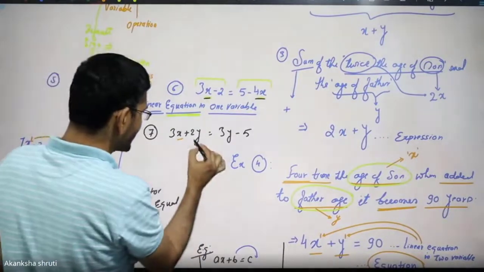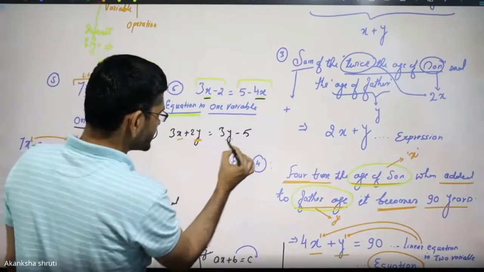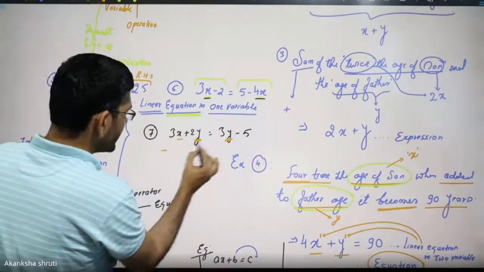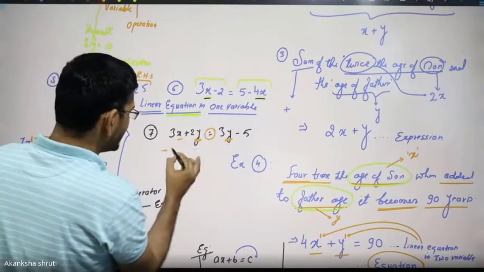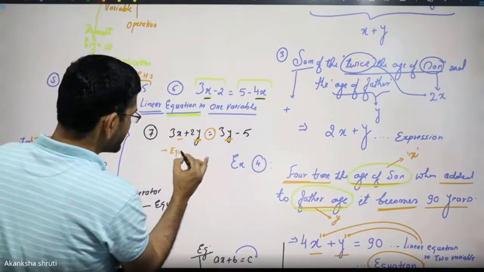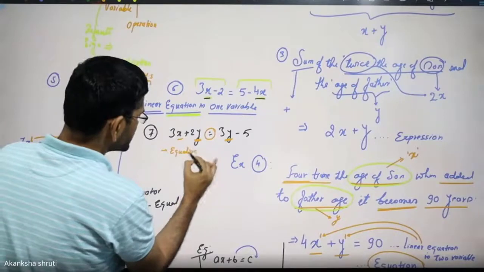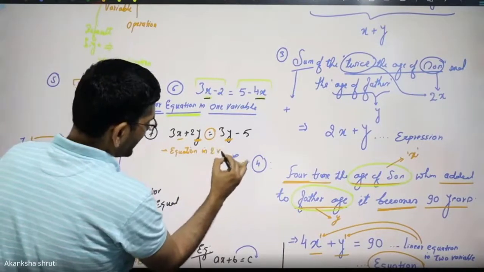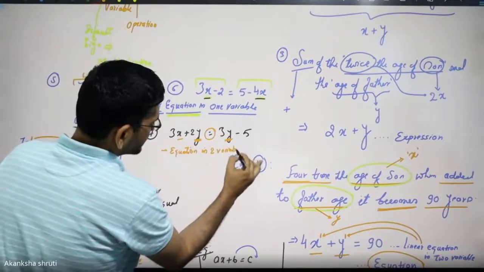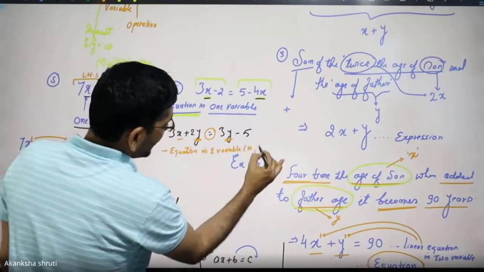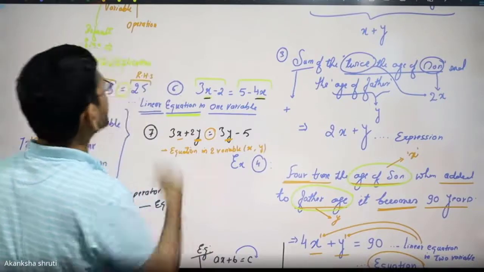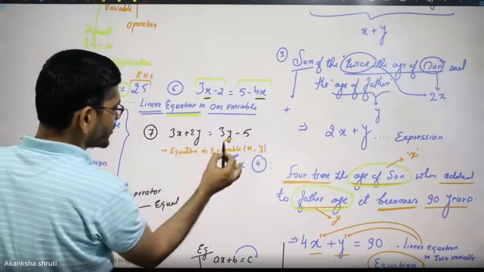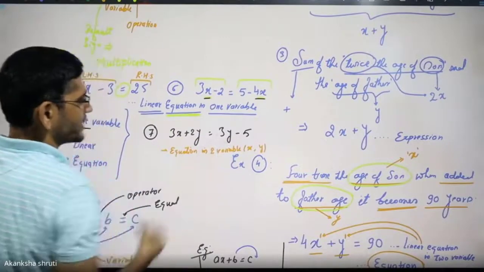And another variable is y, which is on both sides. Because of this equal sign, it is an equation in two variables. What are the variables? One is x, another is y. This way we can quickly identify whether it is an equation or not and how many variables there are.